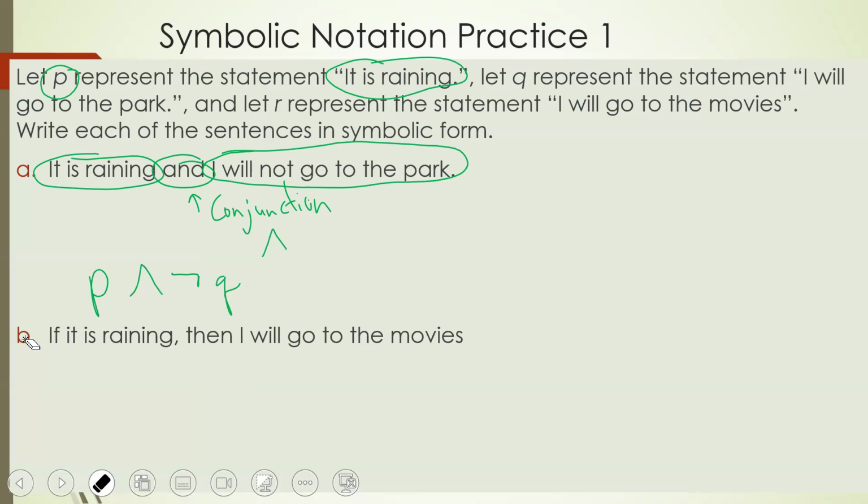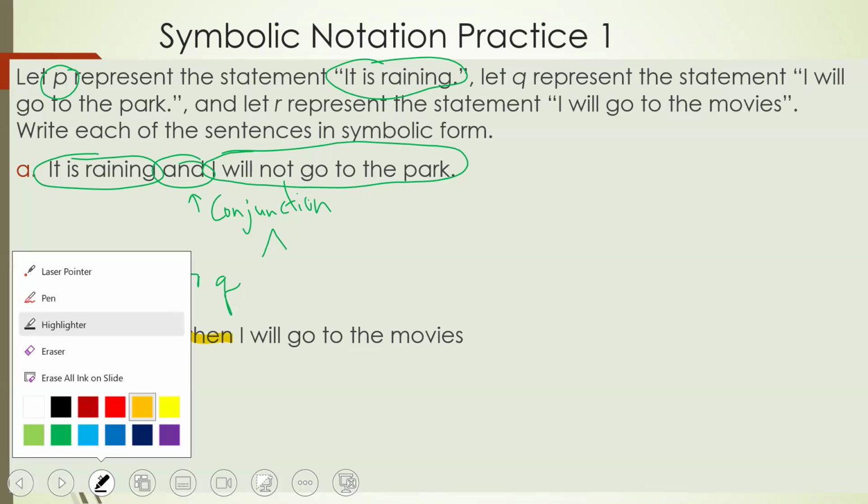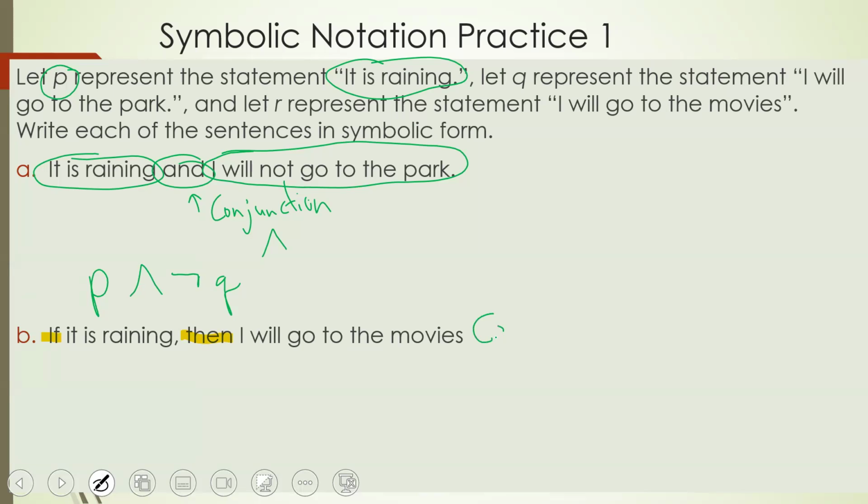Then finally, our last statement here says, if it is raining, then I will go to the movies. And notice here we see the if and then. So we know now that we are talking about a conditional statement, which we know is going to make use of the arrow. And remember the arrow in this case, we can think of it as if then or also representing the phrase implies.